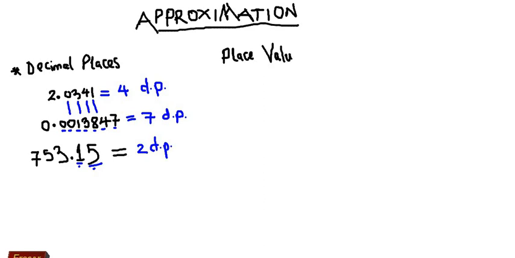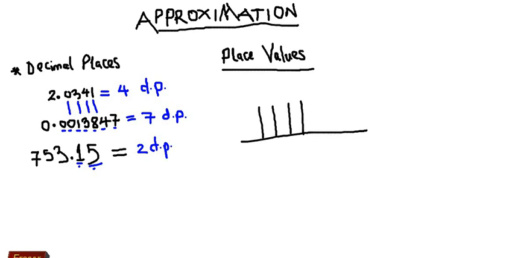Now again, we'll refer to the decimal number system, or base 10, where you remember we looked at the place values in base 10 at the primary school level. We had an aid such as the abacus, for example, that would help us to understand the place values of a number.